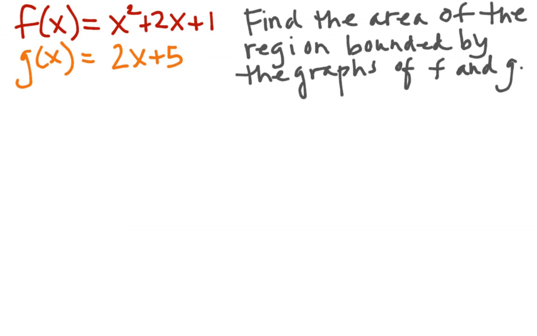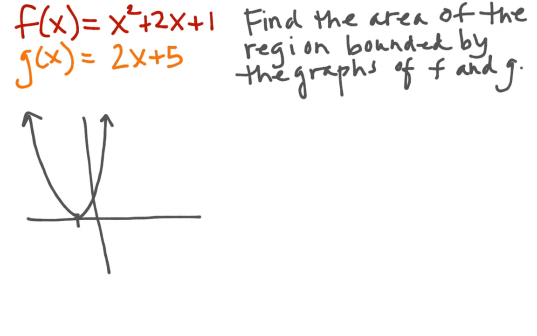Here's a typical problem. Find the area of the region bounded by the graphs of f and g. So, let's draw a picture. x squared plus 2x plus 1. So I'm going to just do a rough sketch, because I already know what this looks like. This is actually number 2 on page 452, but we're actually going to find the area. So there's my parabola, x squared plus 2x plus 1, and g of x, which is 2x plus 5, looks something like this.